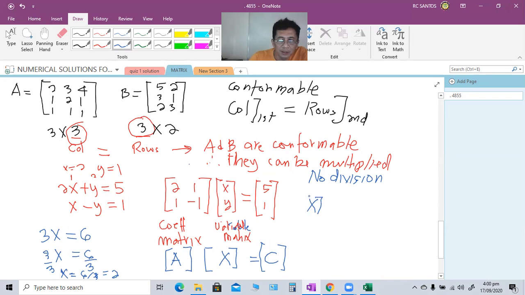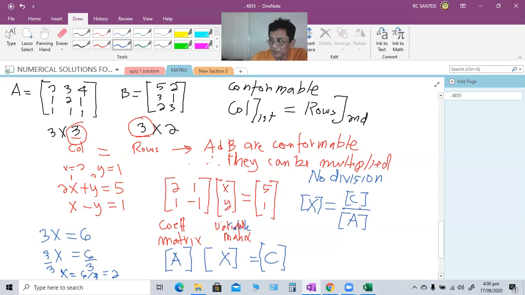X is equal to C over A, ganun lang, usual natin, di ba? So we cross multiply, we divide the constant matrix by the coefficient matrix.